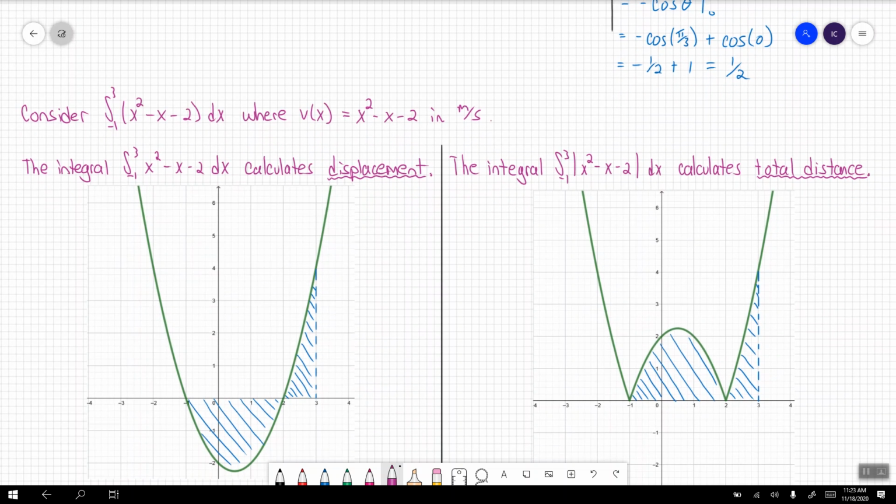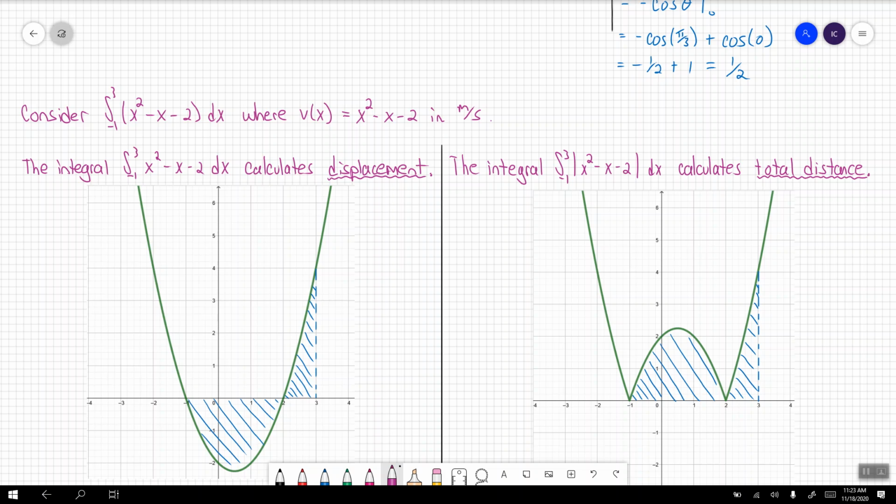Now, if I evaluate the integral as is, that integral would give me a displacement, meaning it would just measure the amount that I traveled from point A to point B. It wouldn't measure the total amount traveled. It would just say you went from point A to point B, and the shortest line is the displacement.